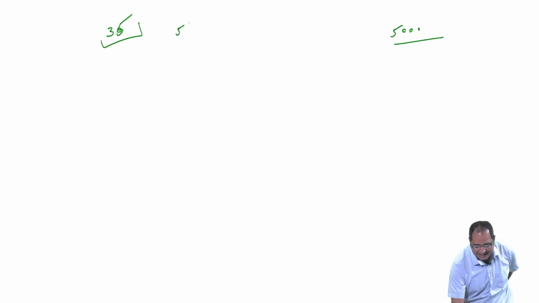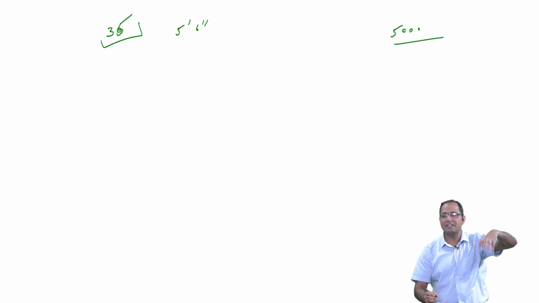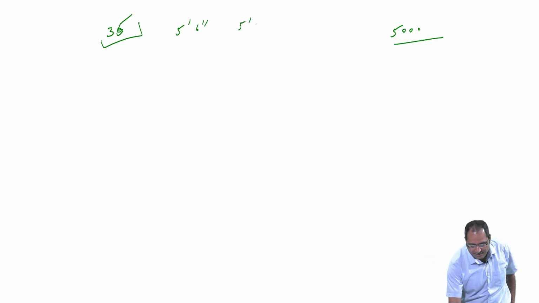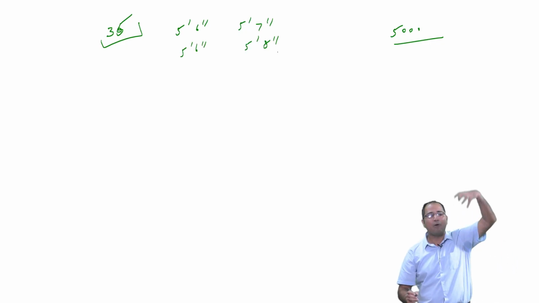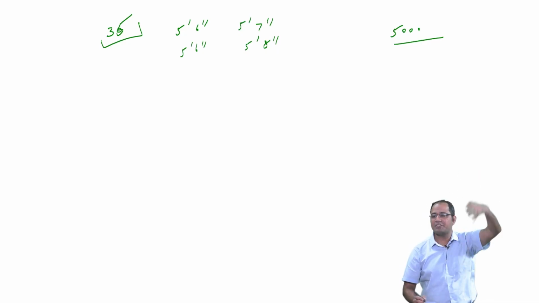Their average height is 5 feet 6 inches. Second time again I draw a random sample, 5 feet 7 inches. Third time 5 feet 6 inches. Fourth time 5 feet 8 inches. If I keep on drawing an infinite number of samples, I will get so many mean values.